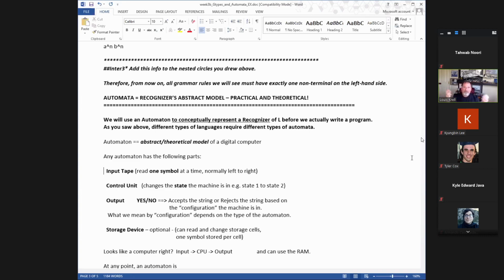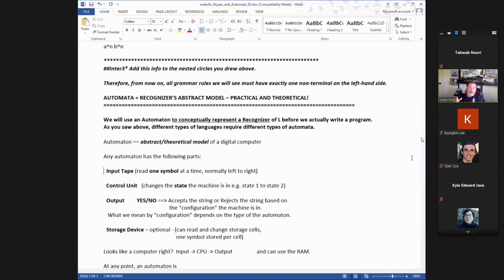If it's not, you return no, it's not in the language. So there's our yes, no, that's the output of the finite automaton. So in a way, you are writing code that is a finite automaton that's accepting zeros and ones.